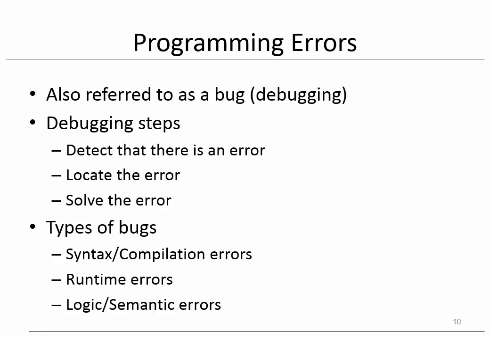Find the error in the software program. Finally, once we have located the error in the software program, we can try and solve it. These are the debugging steps that you have to go through as you start removing bugs or errors from your software programs. Note that it may well be that you have to do multiple cycles of this process.